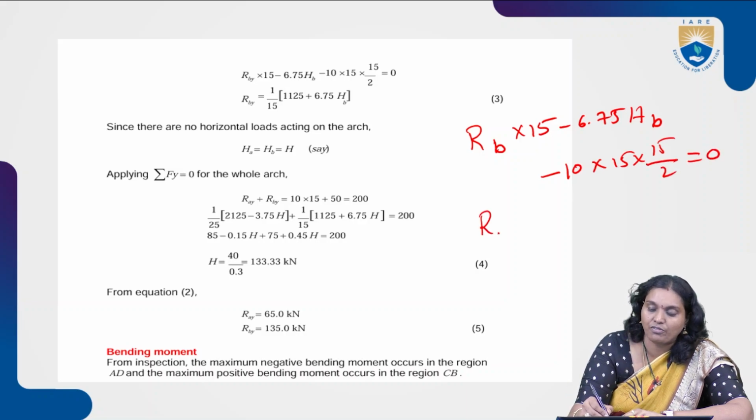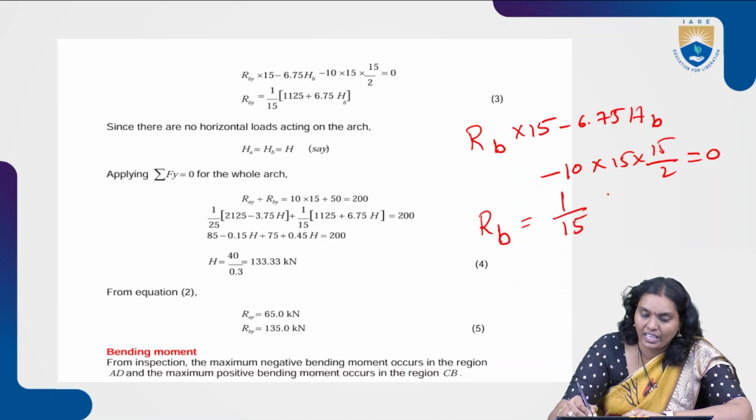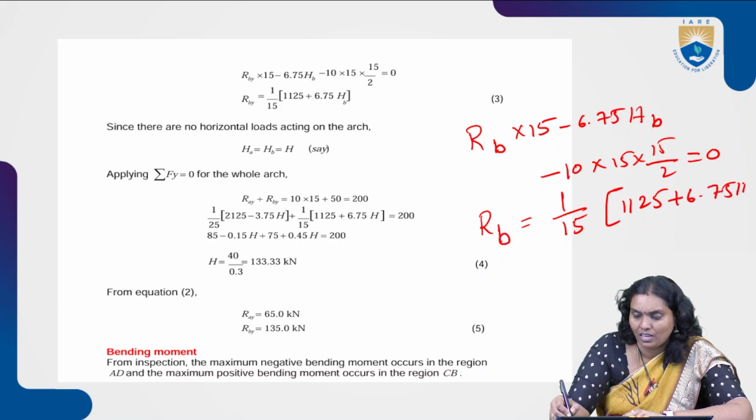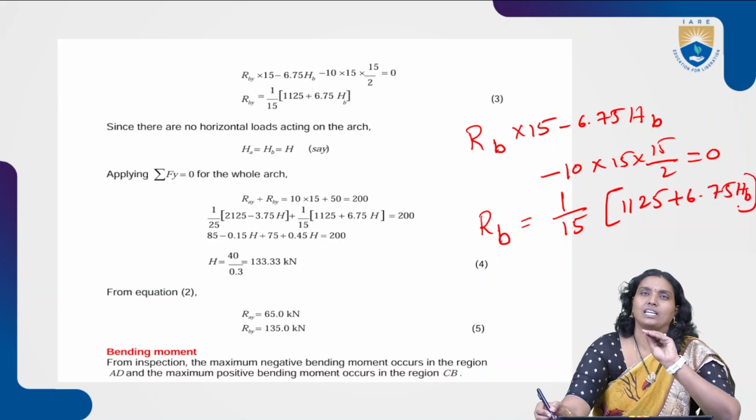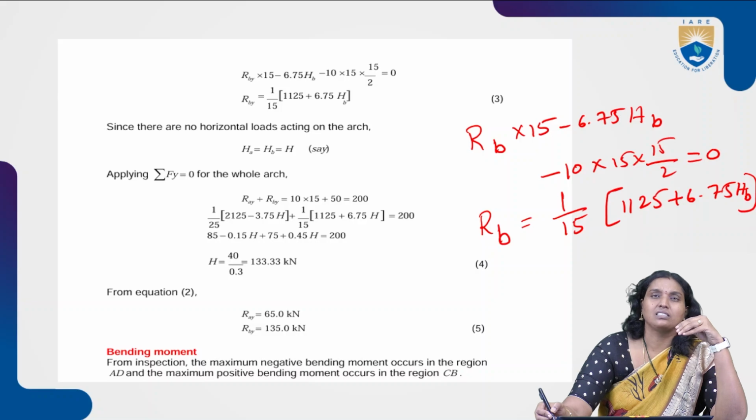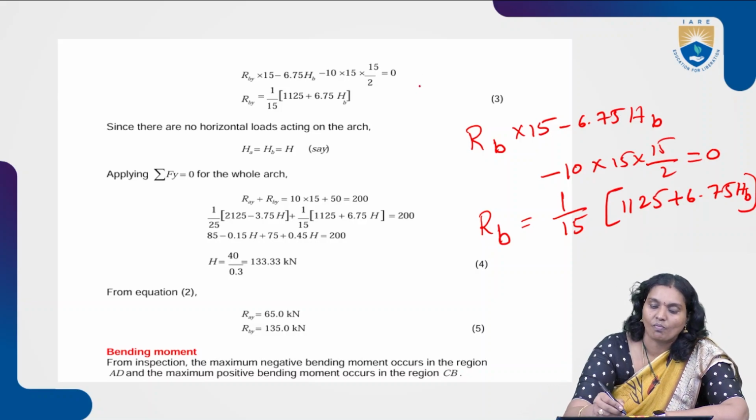So the reaction at B is equal to 1/15 (1125 plus 6.75 H), where H is the horizontal reaction at B.